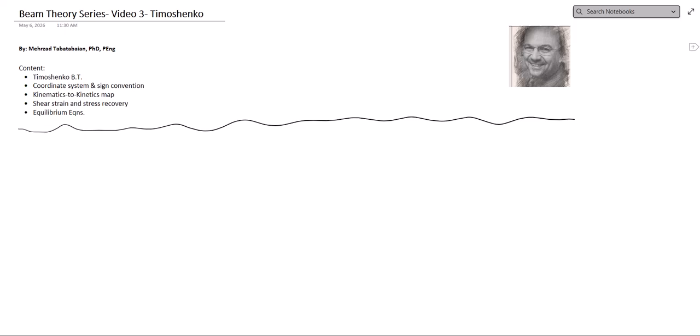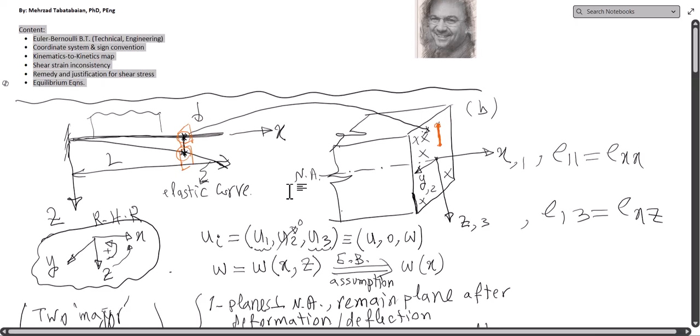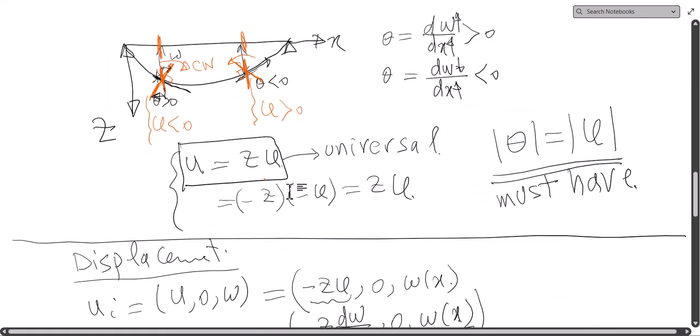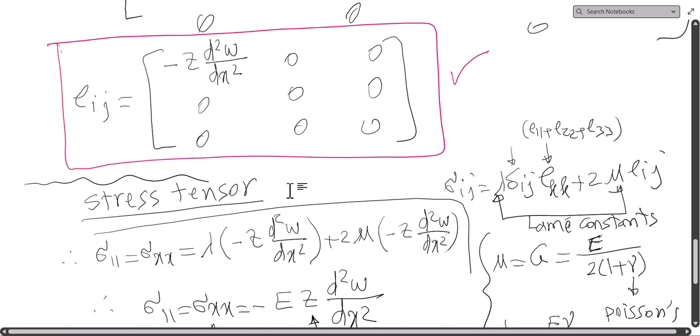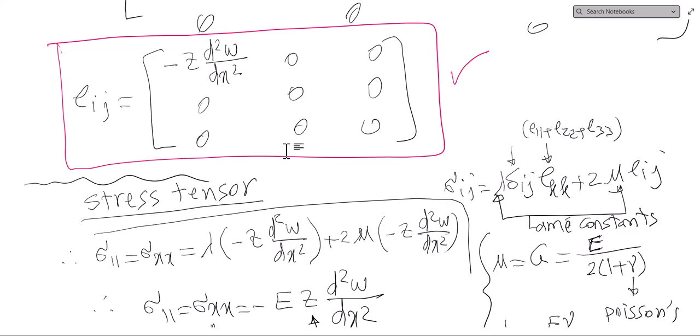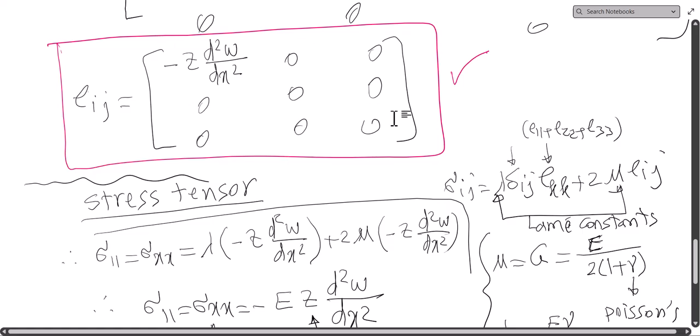If you recall, or if you have watched it, for the Bernoulli beam theory, we end up with a strain tensor that has only one element, which is the strain in the x direction on the plane that is normal to x, or E11, as shown here, and the rest is zero.